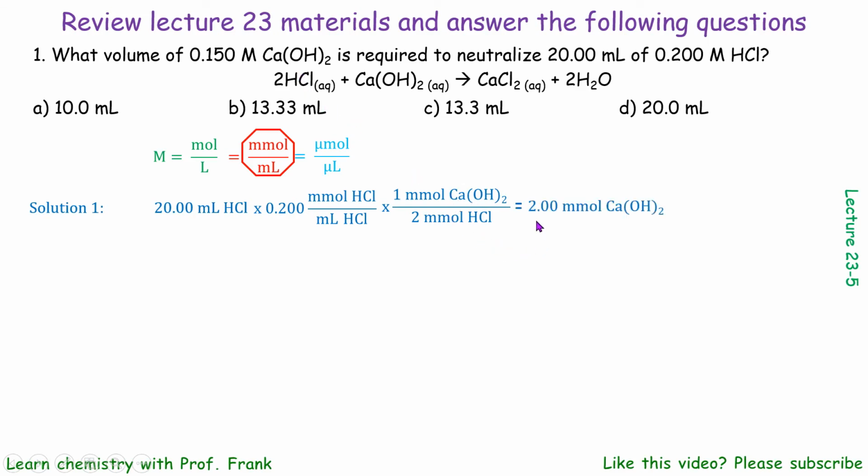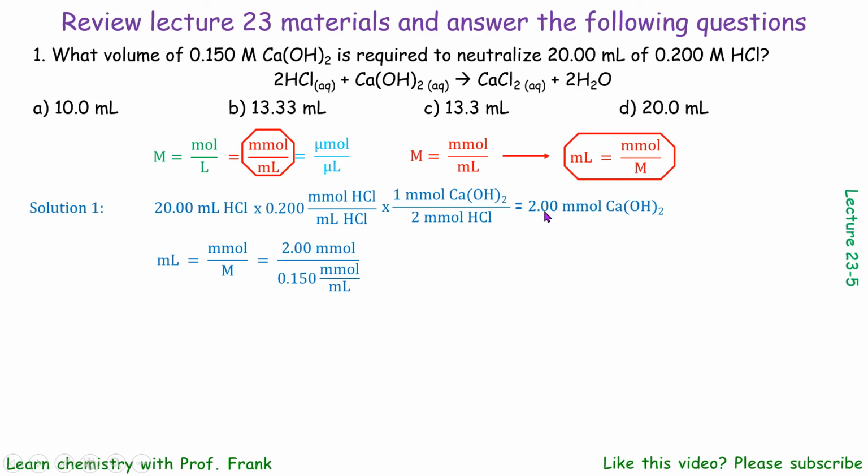And now we got 2 millimoles of calcium hydroxide. Okay, so from this equation, which is the same as this one, M equals millimole over milliliter, we should be able to rewrite this equation into milliliter equals millimoles over molarity, so that we can find out the milliliters.